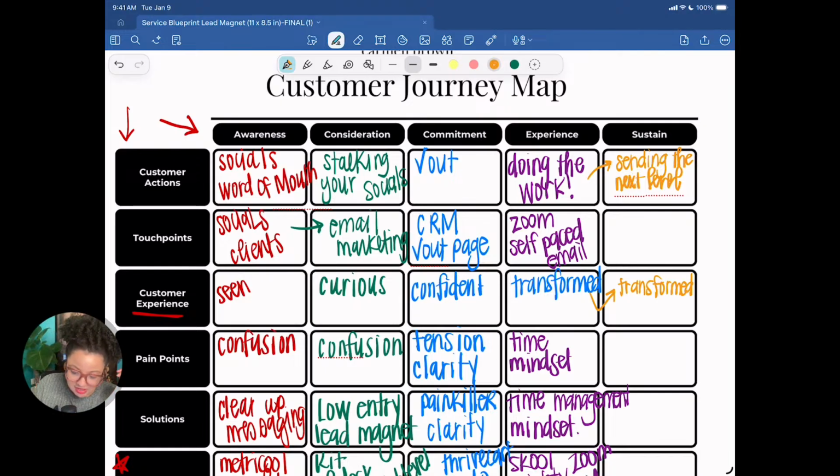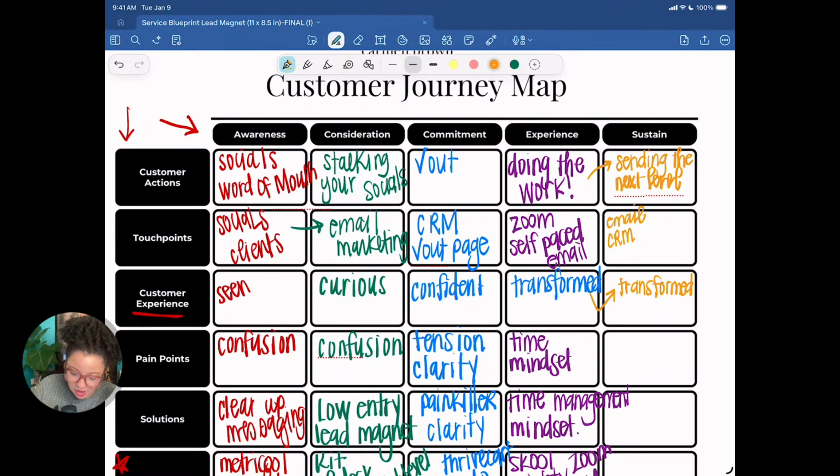What are the touch points here? Again, that's email, because we're going to make sure that we are communicating with our folks. And that is also, if you have a CRM, you're communicating with them via your CRM. Maybe they're filling out a weekly form.